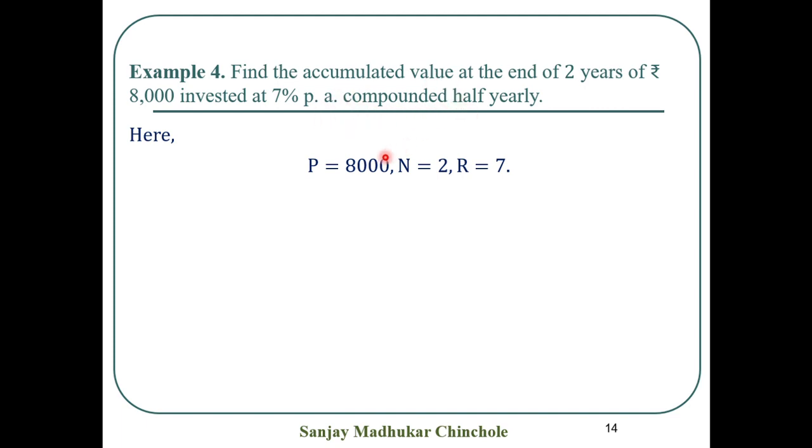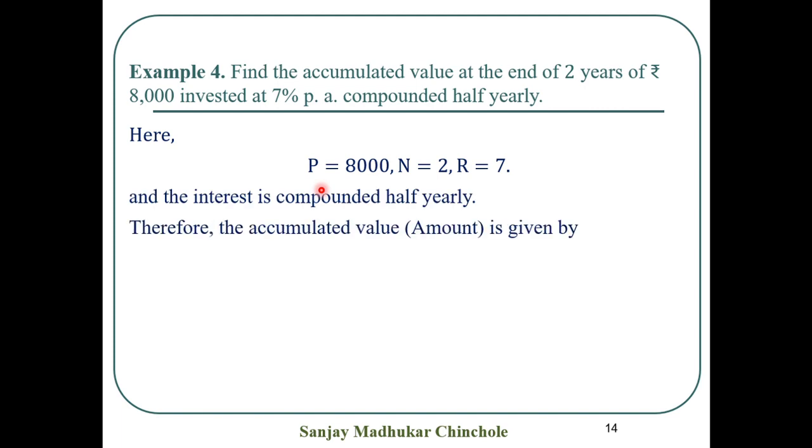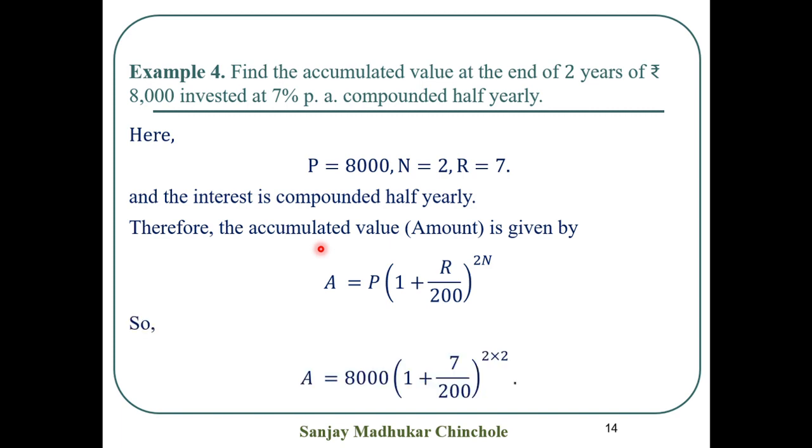As we have to compound the interest half yearly, we use the formula for the amount by compound interest semi-annually, given by A is equal to P into bracket 1 plus R upon 200 raised to 2n. Now replace P by 8,000, n by 2, R by 7, and we get A is equal to 8,000 into 1 plus 7 by 200 bracket raised to 2 into 2, which is 4.